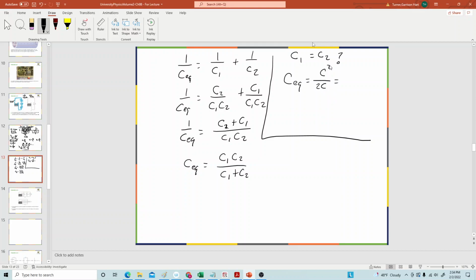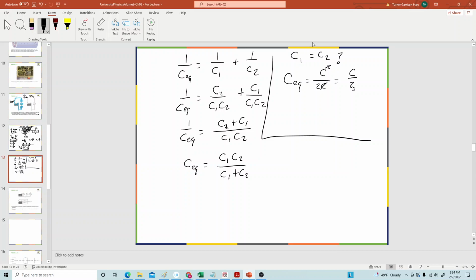And that C is going to cancel with one of those, and I'm going to get C over 2. So when I have identical capacitors, the effective total capacitance is actually reduced. And that is a feature in series capacitors. When I have series capacitors, the overall capacitance of the entire system is reduced. Okay?